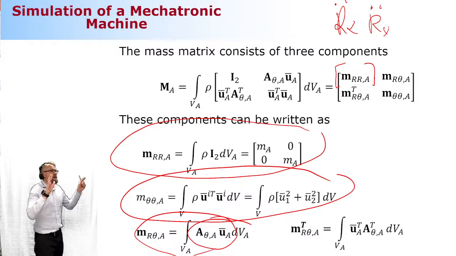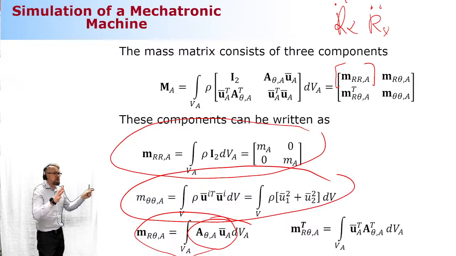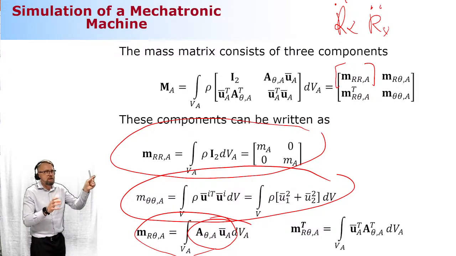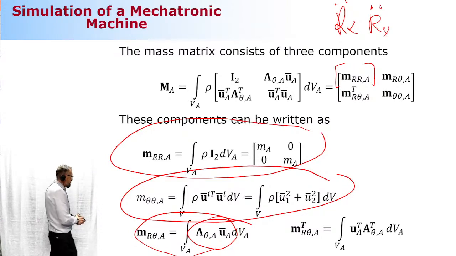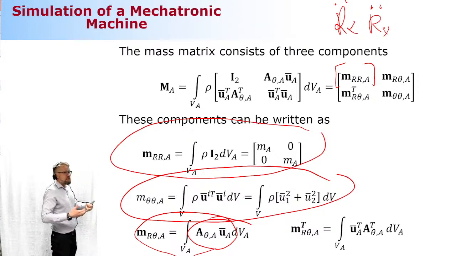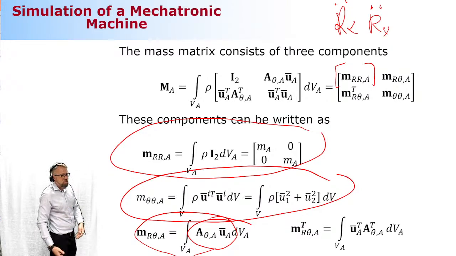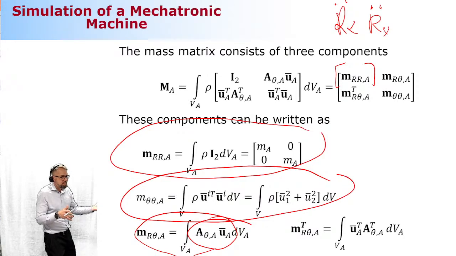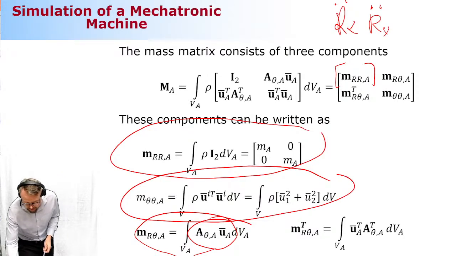Mass will never change depending on where the body reference coordinate system is. If somebody claims that my weight is different depending on where my coordinate system is, that is of course nonsense. Mass moment of inertia depends on where the body reference coordinate system is located. So don't get confused about that.